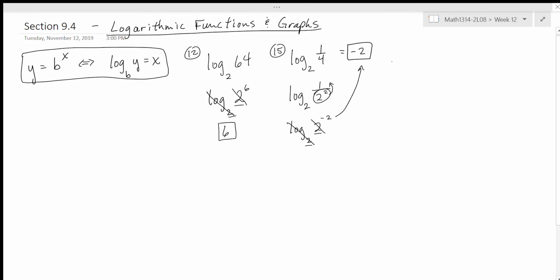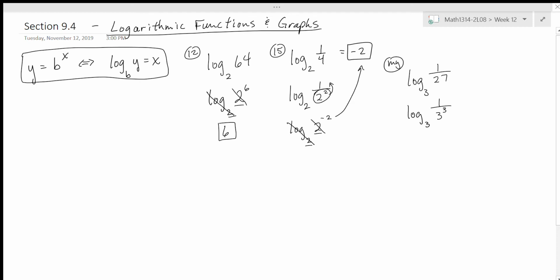How about, let's say that we have log base 3 of 1/27. Okay, so 27 is 3 to what power?